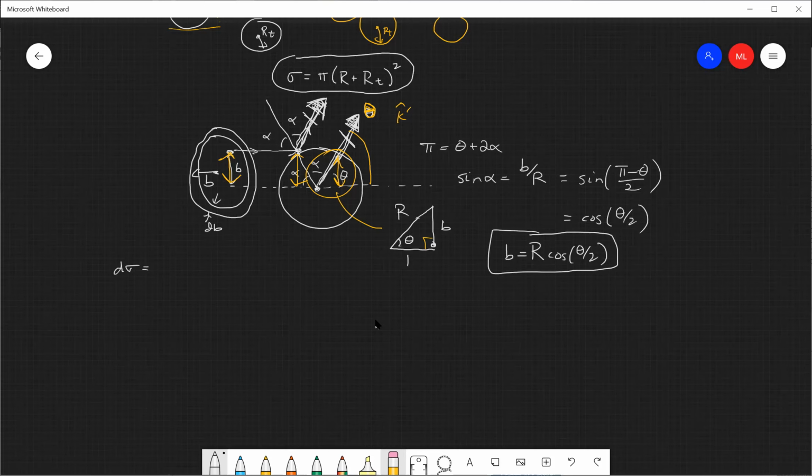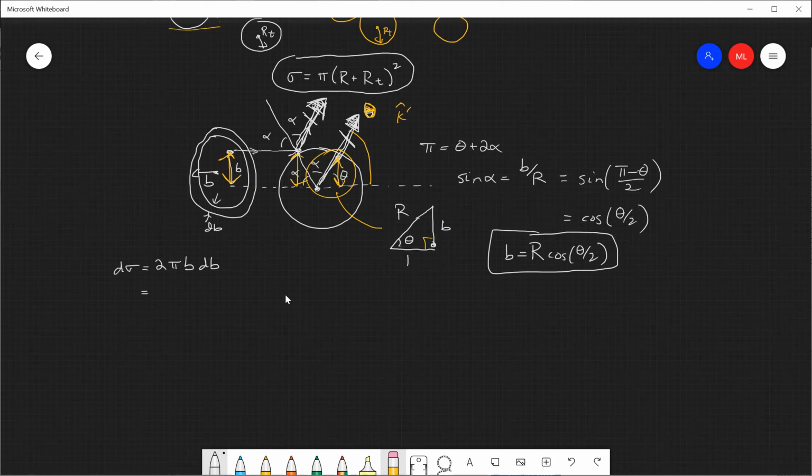And the area of that rim is this thickness of the rim, the differential element db, times the circumference of that rim. That's the effective area that the incoming particle sees on the target. So the differential scattering cross section here is d sigma equals 2 pi b db, just that area swept.